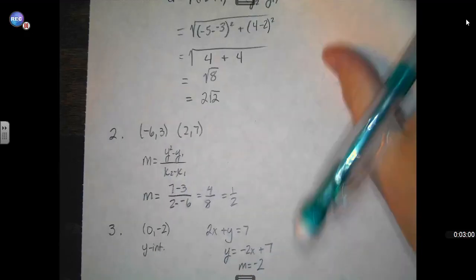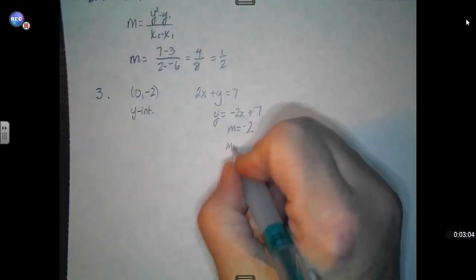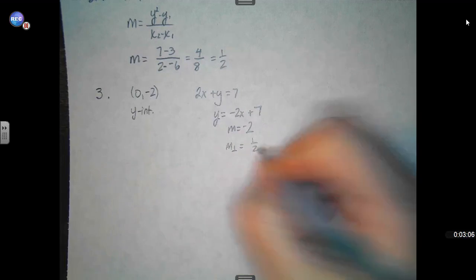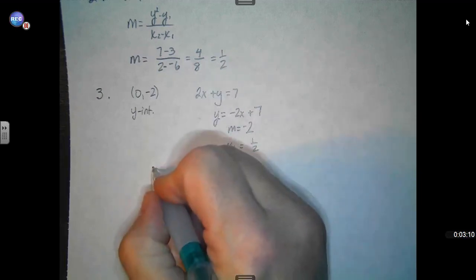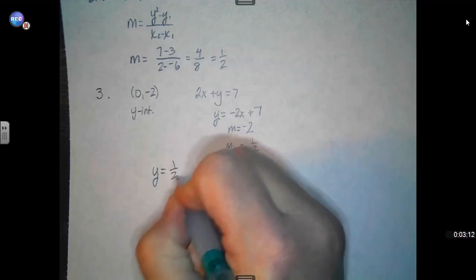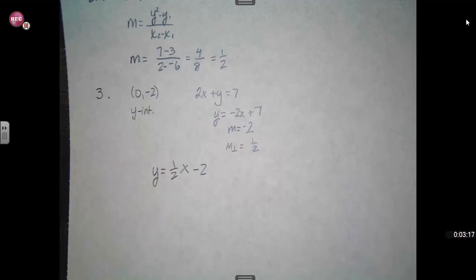The slope of the line perpendicular to it would be positive 1/2. And so the equation of the line I'm trying to find is y equals 1/2 x, and then they gave me the y-intercept, -2. And as it says up top, write the equations of the lines in slope-intercept form.